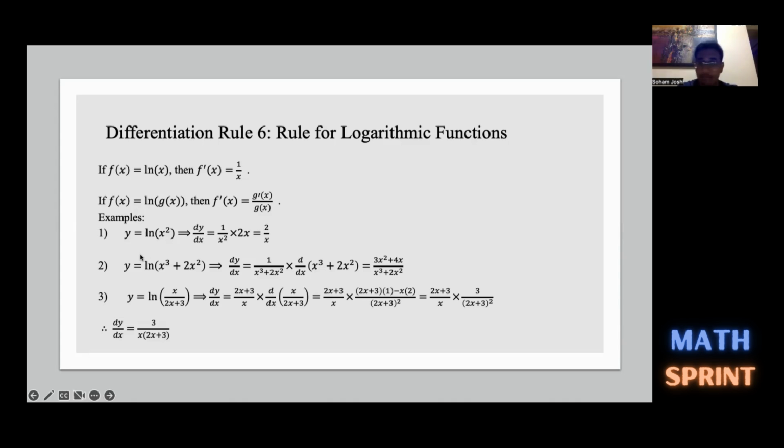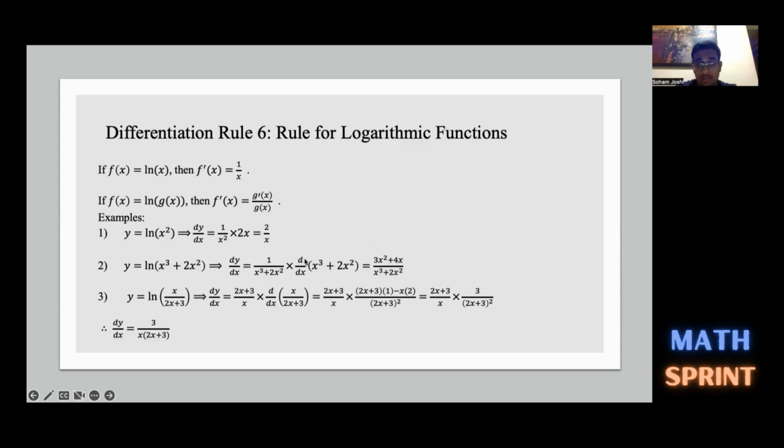It's pretty simple. So the second one, y is equal to ln of x cubed plus 2x squared. So dy by dx will be equal to 1 over x cubed plus 2x squared multiplied by the derivative of the function inside the logarithm, x cubed plus 2x squared.